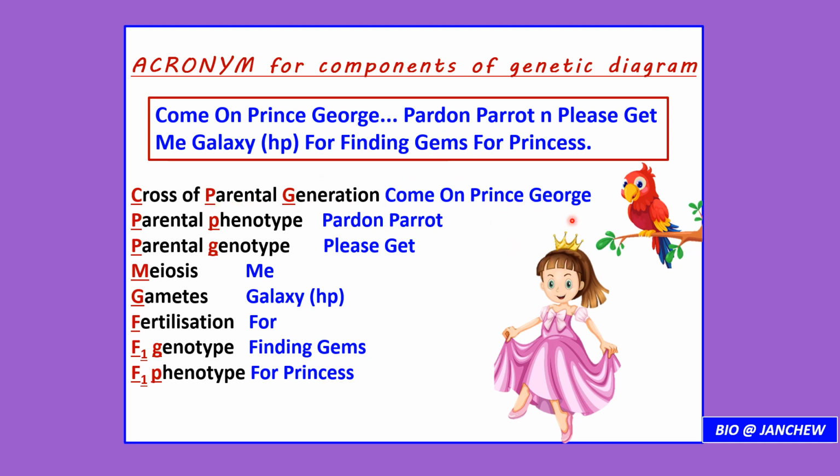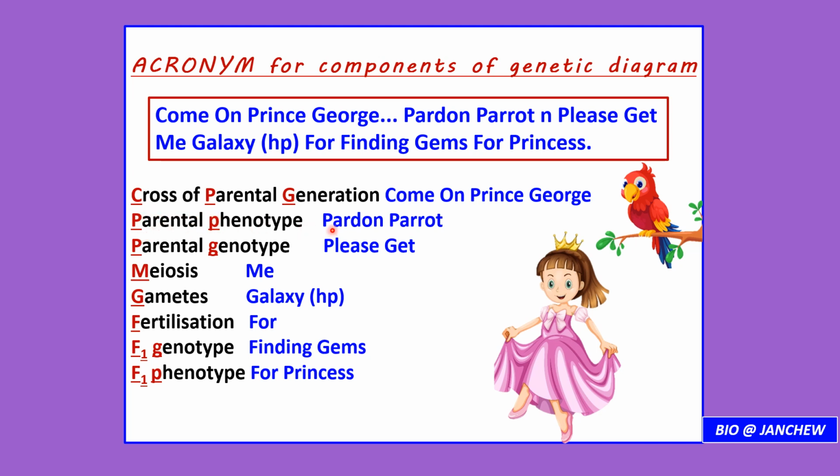This acronym comes with a story. Maybe there's a parrot who stole the gems or jewels from the princess, and you found it. So you asked Prince George for a reward, which is a Galaxy phone. And then you ask Prince George to pardon the parrot. Pardon parrot.